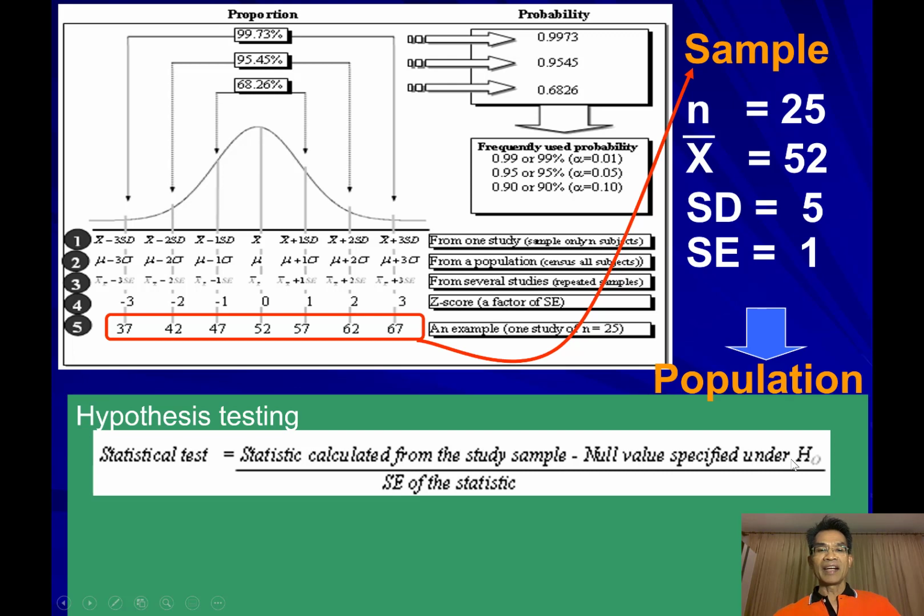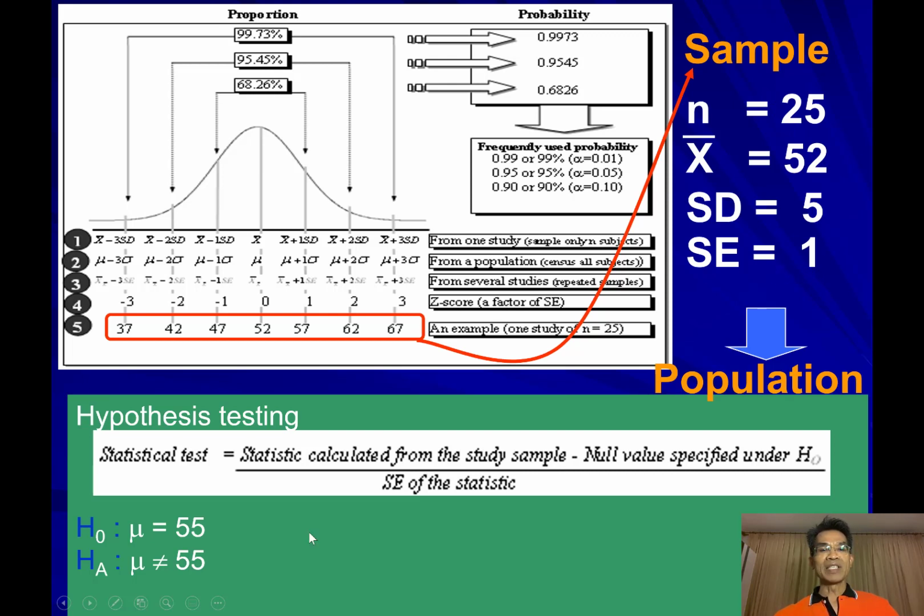So it just quantifies the number of standard errors that the statistic differs from the null value. In this component, we need to know the hypothesis being tested. So the null hypothesis, or H0, is the hypothesis of no difference. Since we have only one sample, there is no comparison.